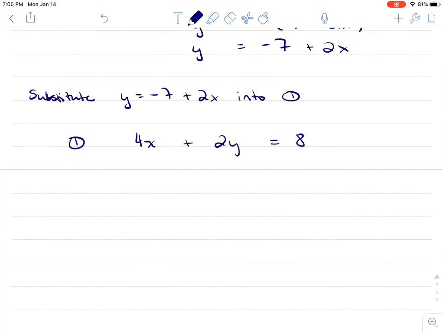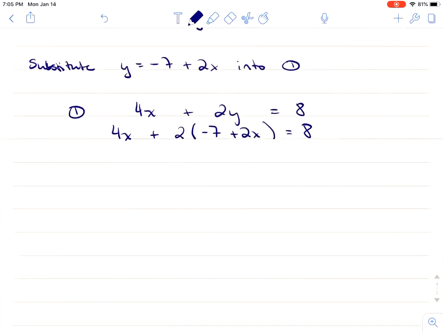So I substitute it in, and I get 4x plus 2 times (negative 7 plus 2x) equals 8. Now in our equation, we've reduced it so we just have x's in here, which means we'll be able to solve for x.